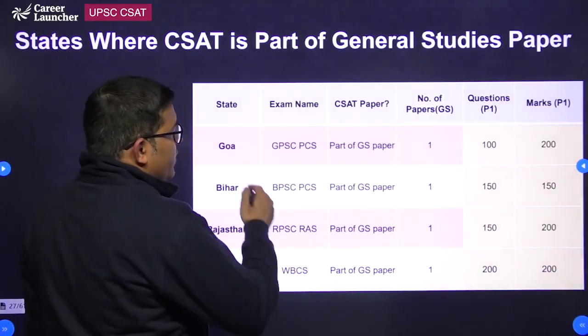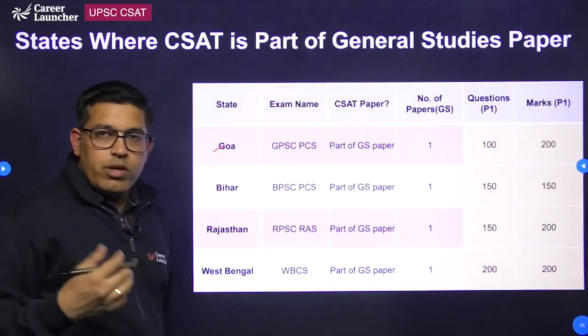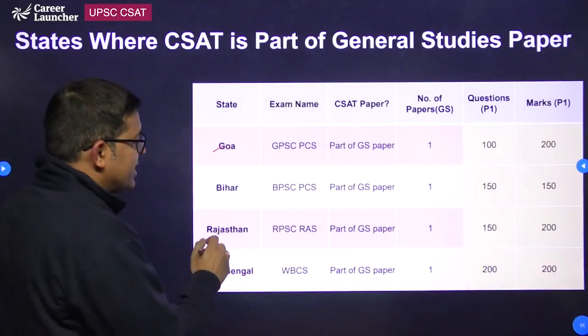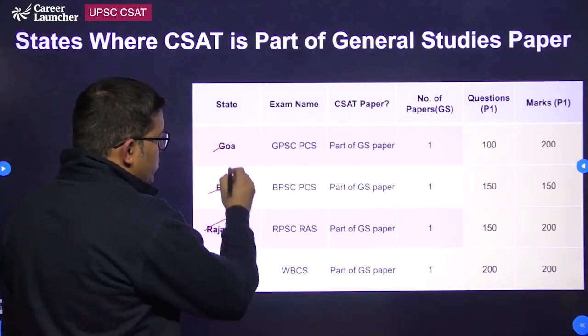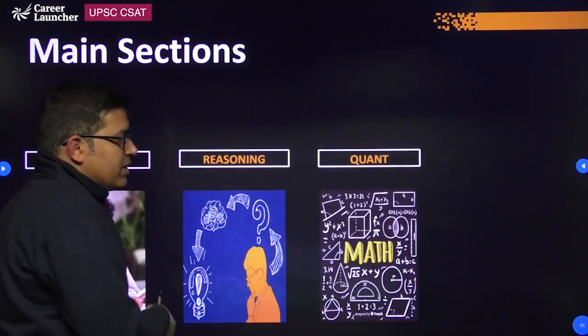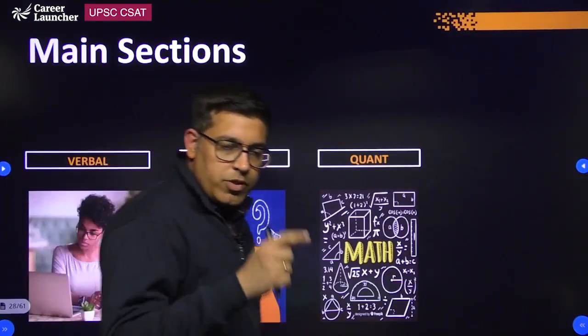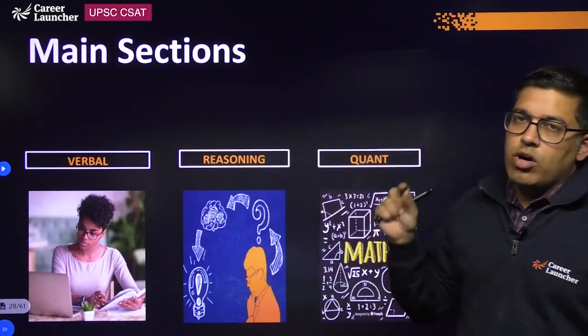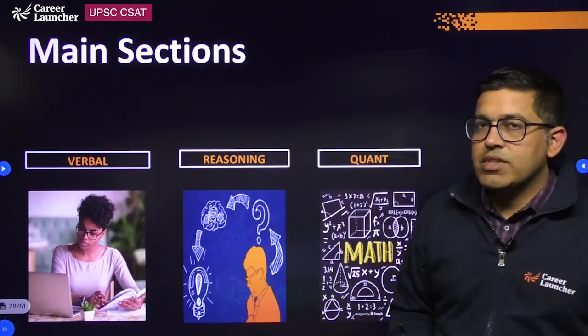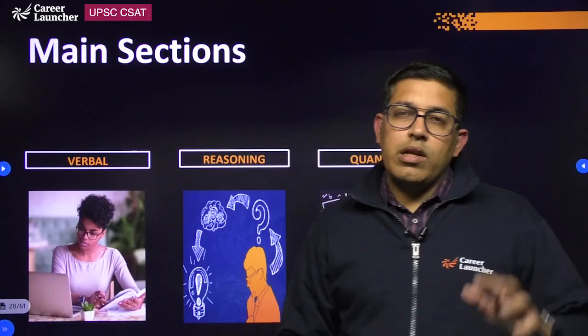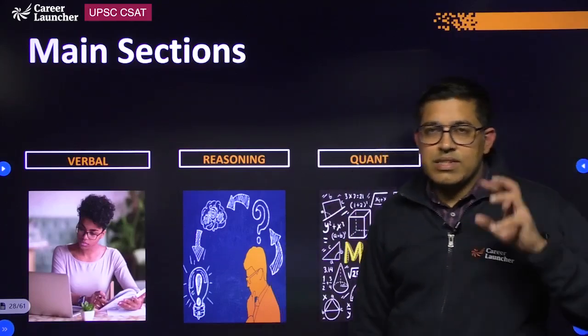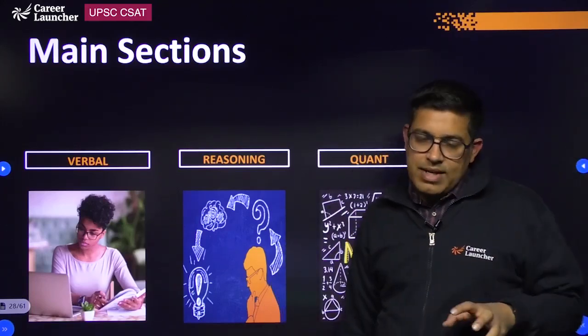And there are states where they take only one paper in the prelims, so CSAT is part of that paper. In Bihar, Rajasthan, West Bengal, Goa, CSAT is part of the general studies paper. So there is a dedicated section of aptitude questions in the GS paper itself. So in more than 20 states, CSAT is there.